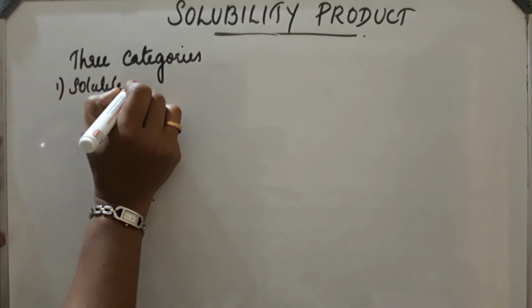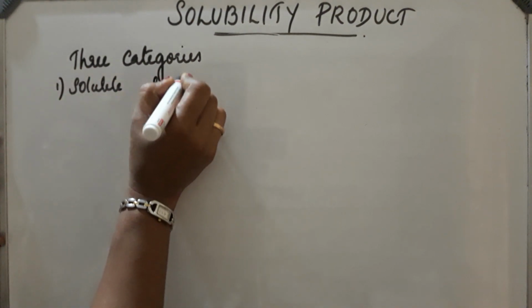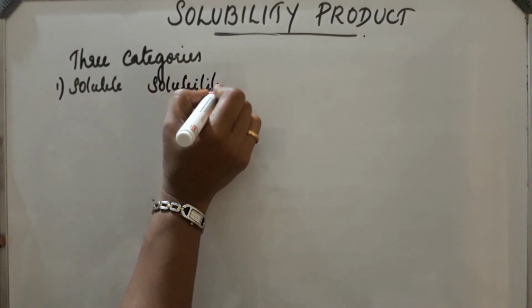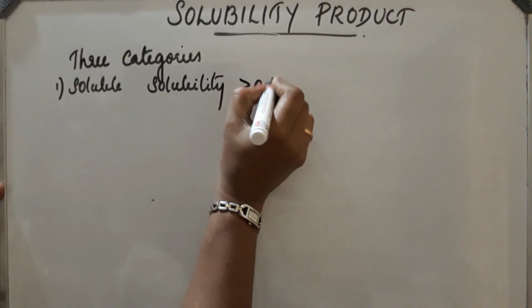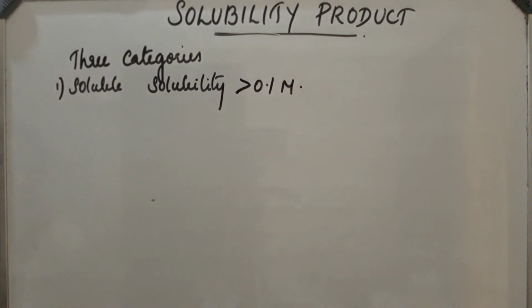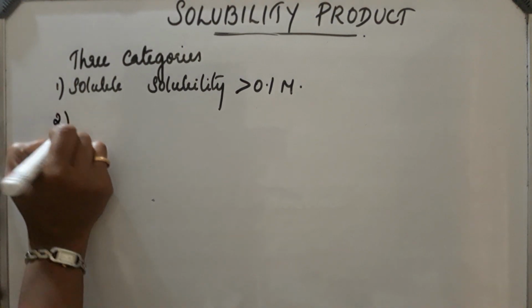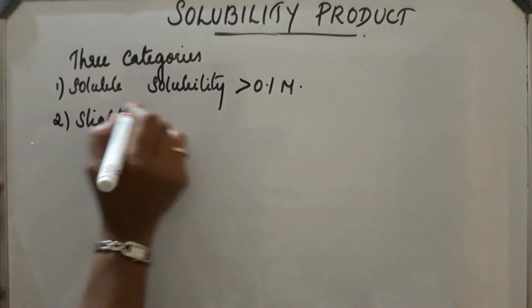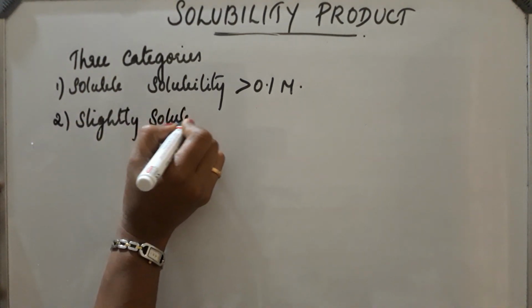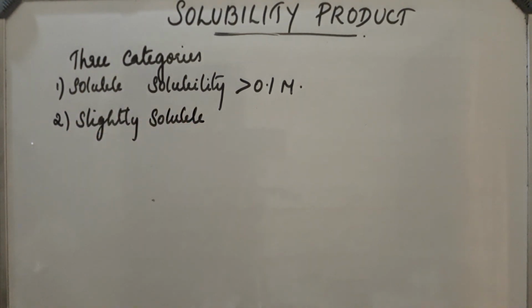In such a case, the solubility is greater than 0.1 molar. Such salts are soluble in water. Second, slightly soluble salts, in which the solubility is between 0.1 molar and 0.01 molar.